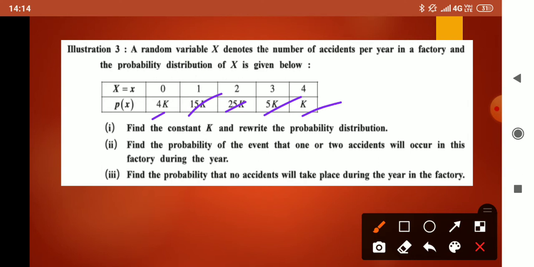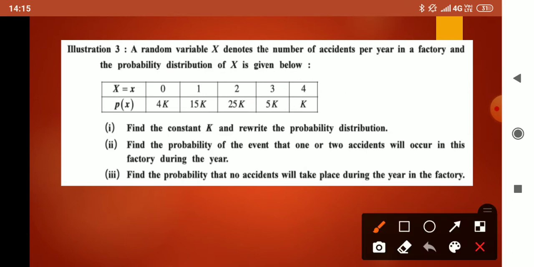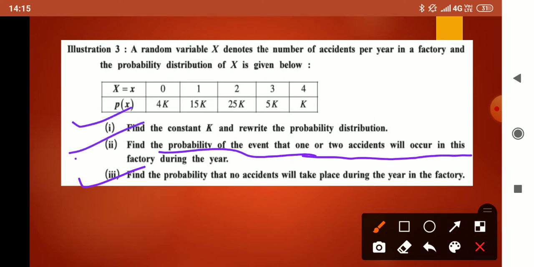What you have to find is, first, find the constant k and write the probability distribution. Then next, find the probability that 1 or 2 accidents will occur in this factory. And number 3, find the probability that no accident takes place. So we have to find these three.